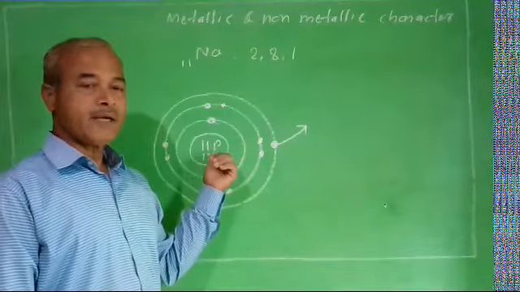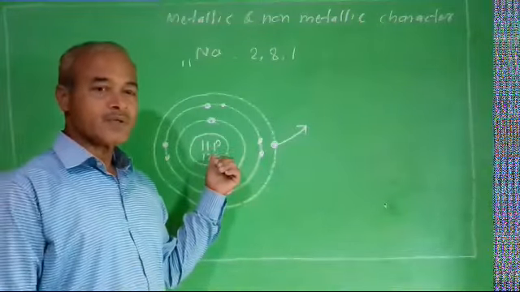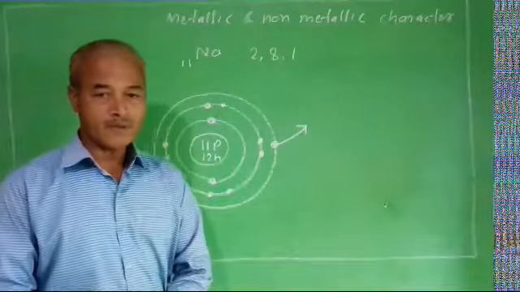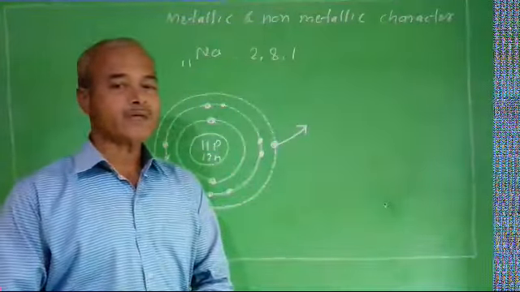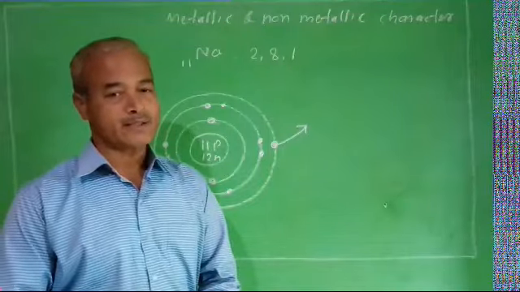So the metals do this to become stable, to attain the electronic configuration of the nearest inert gas.